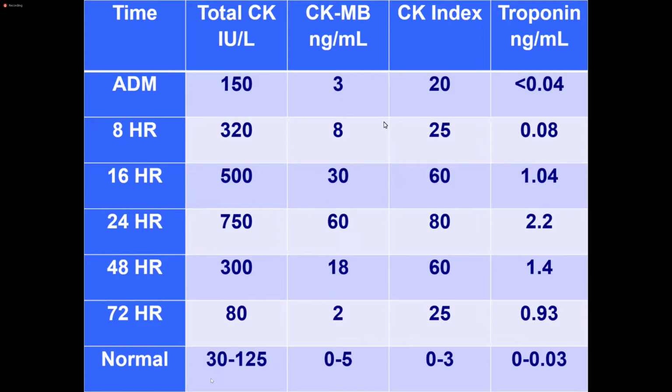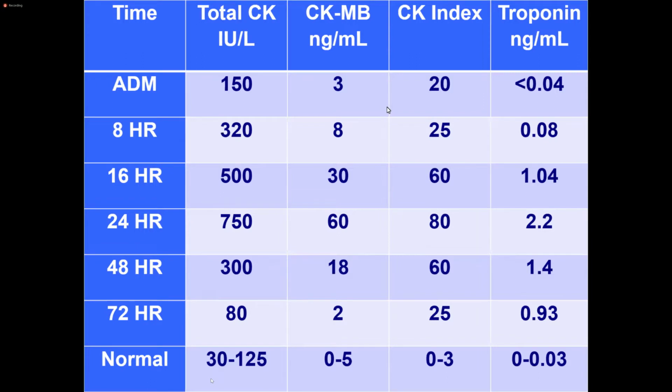Now, the second thing that you need to know is their plasma half-life. The plasma half-life of CKMB is 72 hours, meaning after 72 hours, it will come down to the baseline level, whereas the plasma half-life of troponin is 7 to 10 days. What is the significance of this?